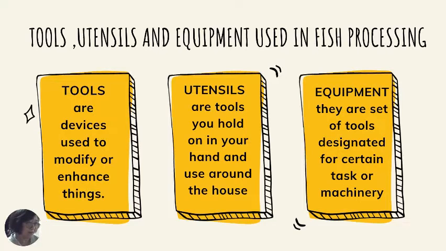Okay. Grade 8, take note of this. Tools, utensils, and equipment are different from each other. Tools are devices used to modify or enhance things. Utensils are tools you hold in your hand and use around the house, especially inside the kitchen.